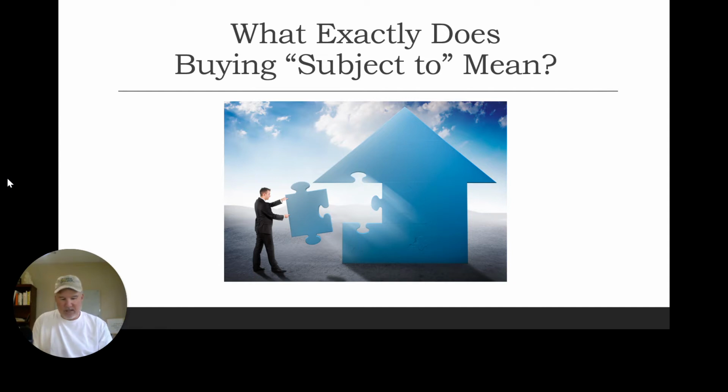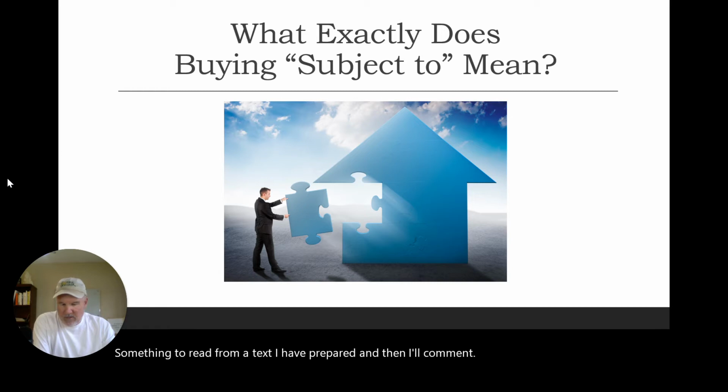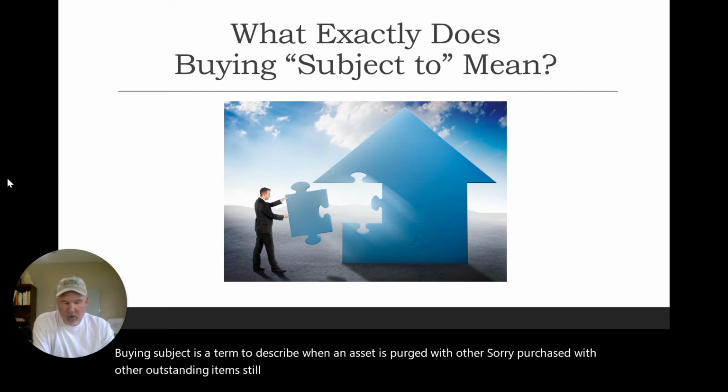I'm going to read from a text I have prepared, and then I'll comment. Buying subject to is a term to describe when an asset is purchased with other outstanding items still being owed. A condo lien foreclosure is a perfect example of an investor buying subject to.